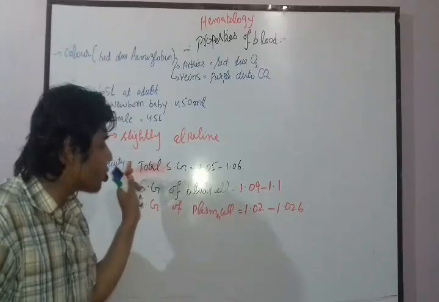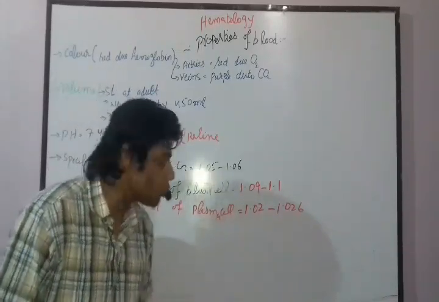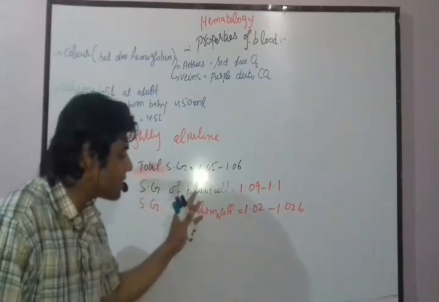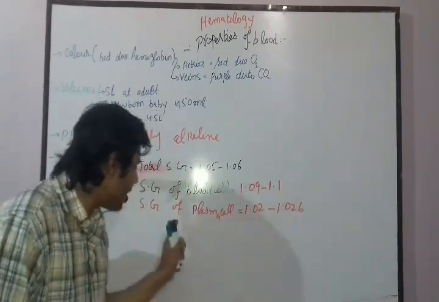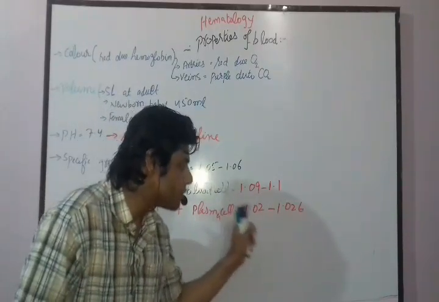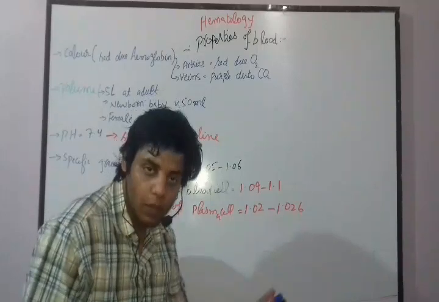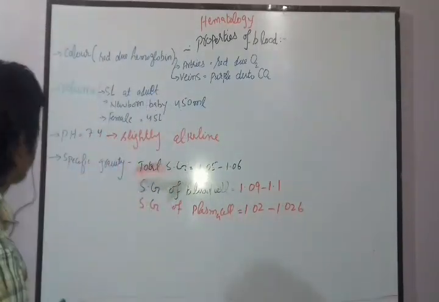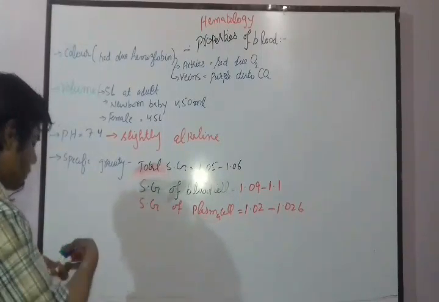The total specific gravity of the blood is 1.05 to 1.06, blood cell specific gravity is 1.09 to 1.1, and plasma in our blood is 1.02 to 1.026. So these are the specific gravities of the blood. This is the fourth property.